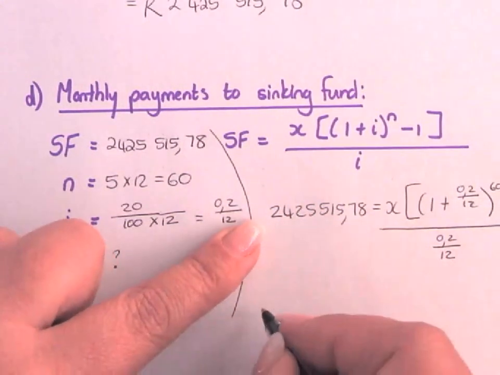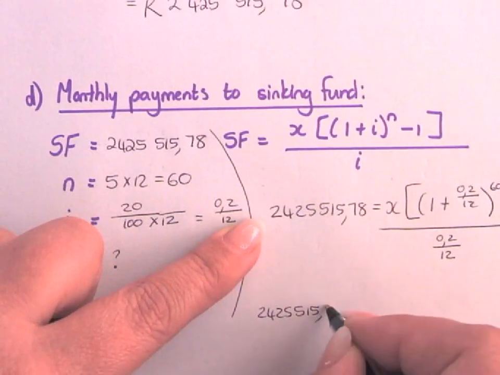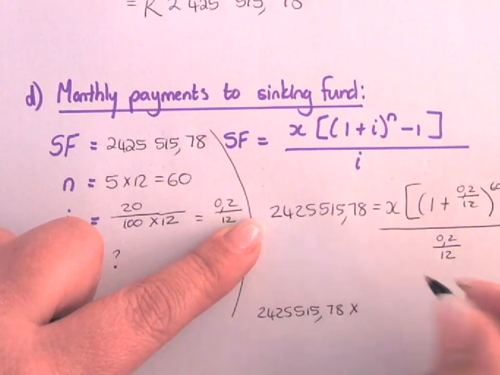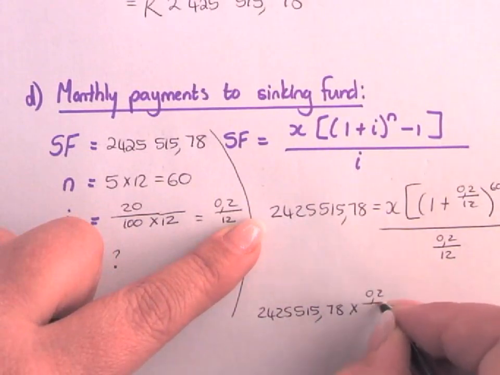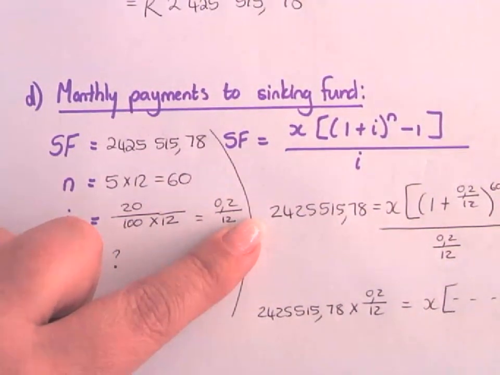So I have 2,425,515.78 times 0.2 over 12, and that equals X times the square bracket.